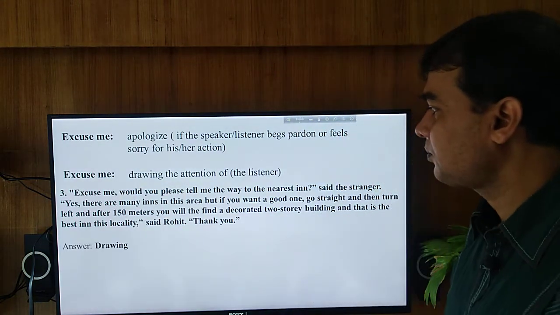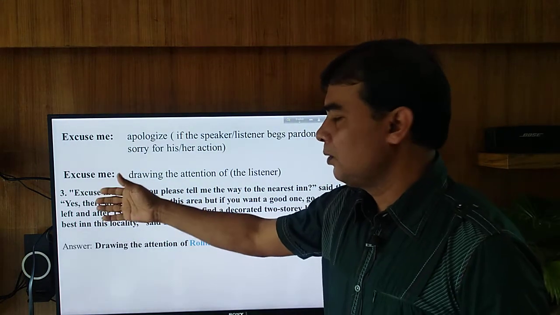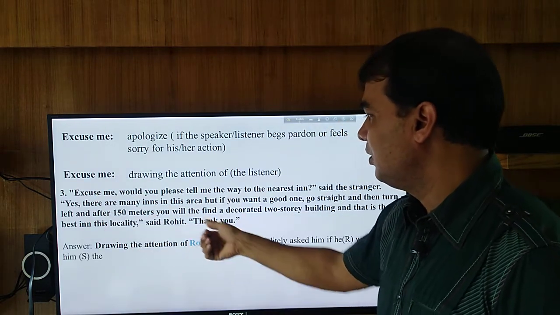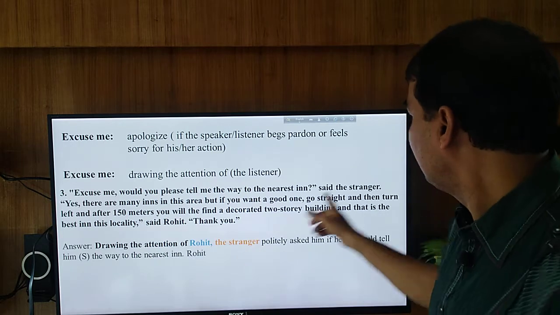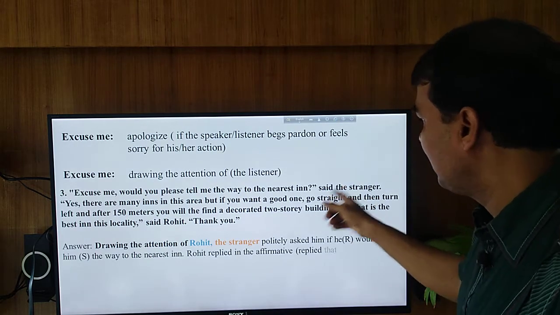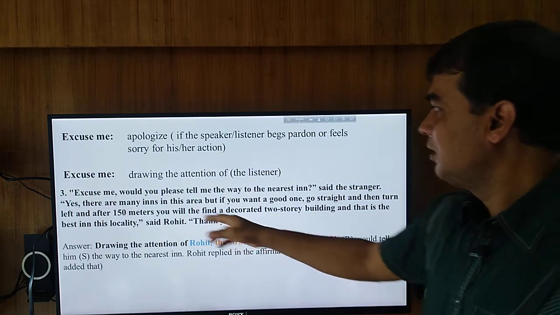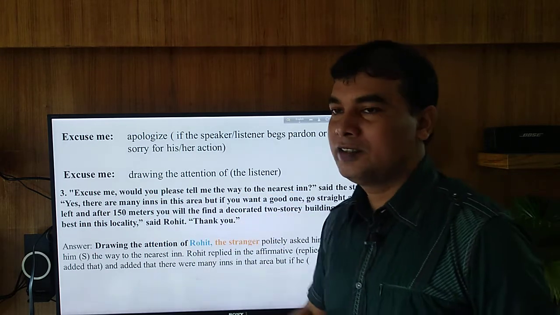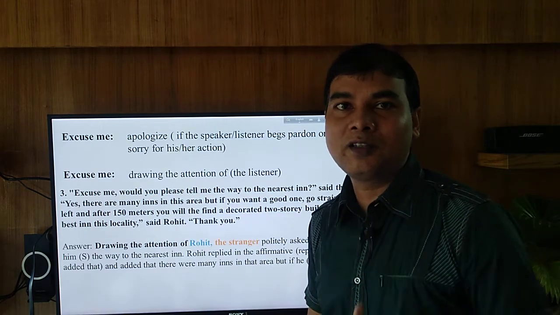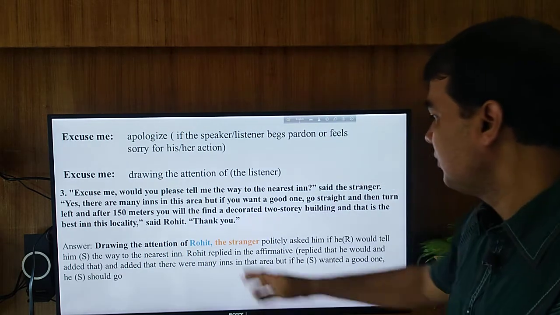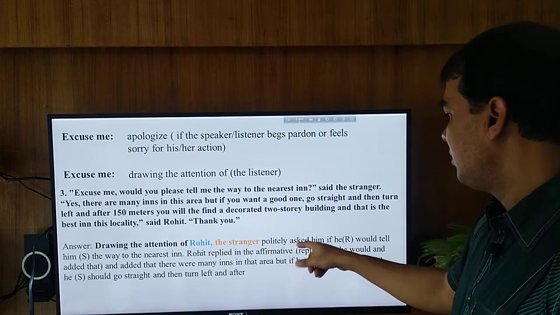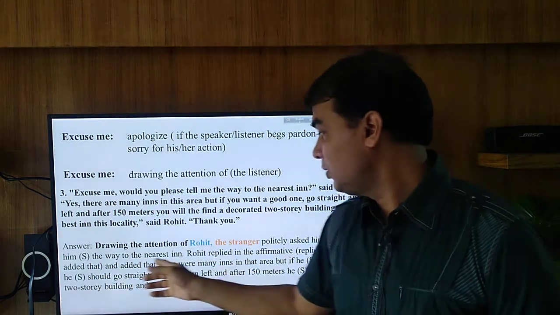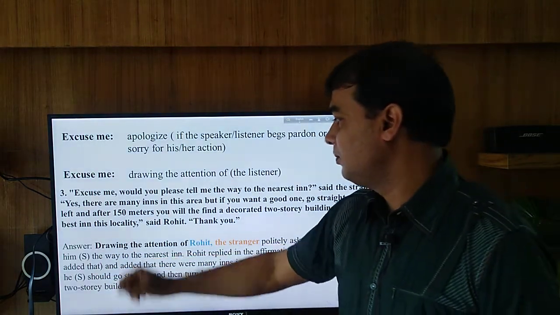So you see, instead of excuse me, we are now writing drawing the attention of Rohit. Now the speaker, the stranger, said, would you please tell me the way to the nearest inn? Would you please, this term is used for a polite conversation. So we can say, the stranger politely asked him if he would tell him the way to the nearest inn.